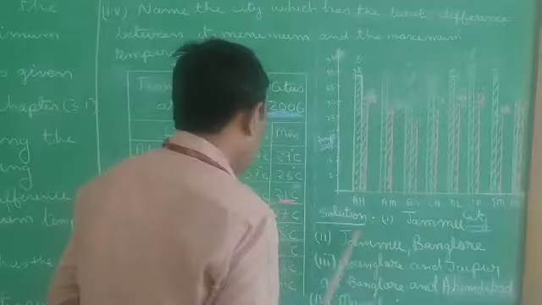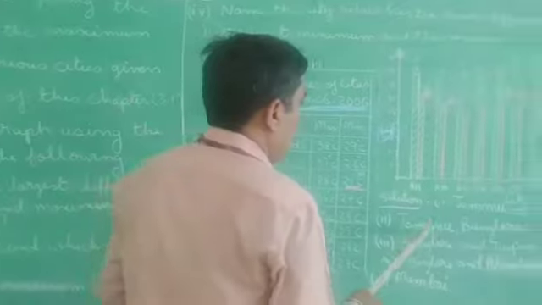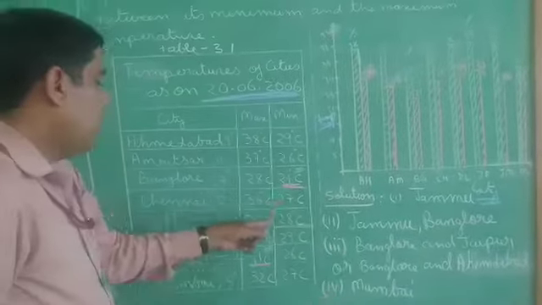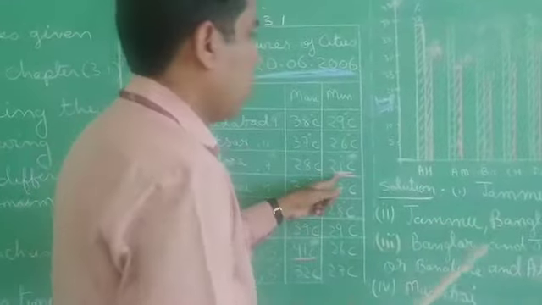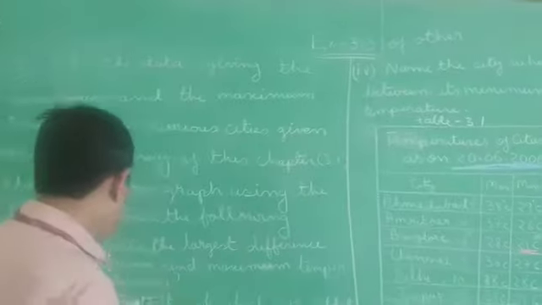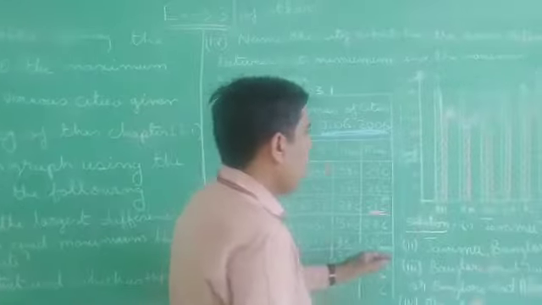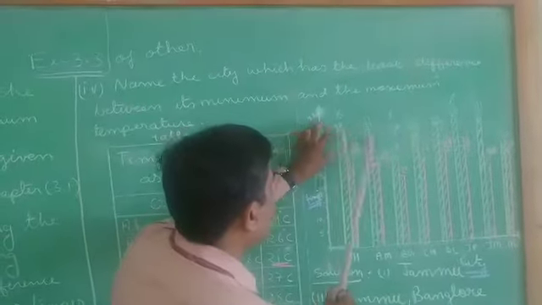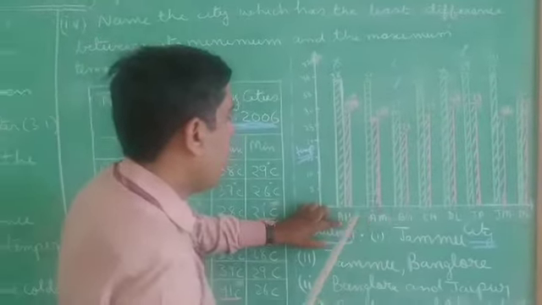Now the next one: which is the hottest and the coldest city? Hottest is Jammu, and the coldest is Bangalore. Third one, name two cities where the maximum temperature of one was less than the minimum temperature of the other. We already cleared this: one is Bangalore, Jaipur, and one is Bangalore, Ahmedabad.